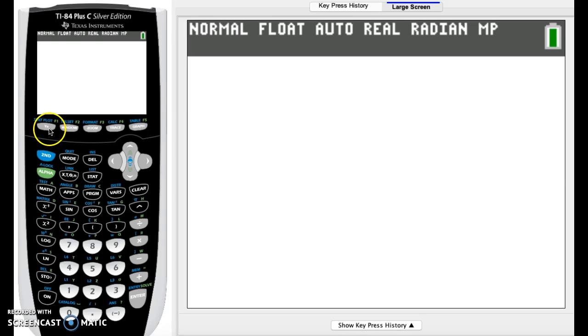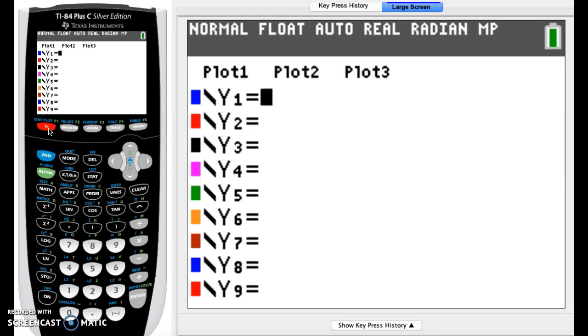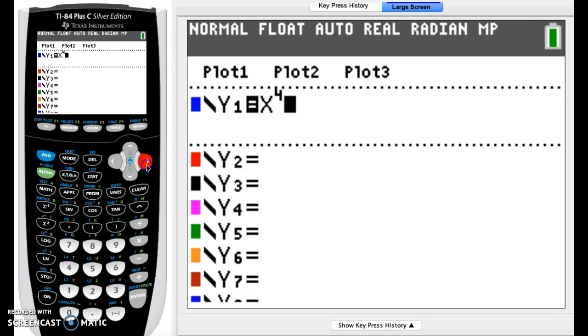So the first thing we're going to do is go to y equals. Okay, make sure all your functions are cleared, and we're going to type in that function f of x. F of x equals x to the fourth minus x to the third plus 2x squared minus 6x minus 3.